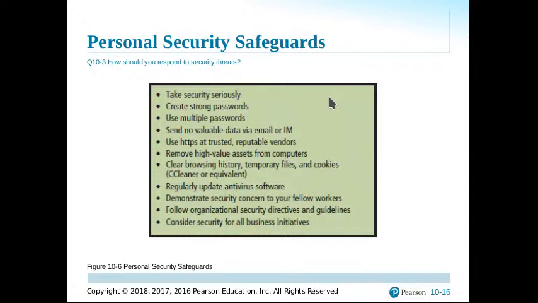Okay, so how to secure, how to use this computer system securely, can be taken care of on both sides, the employee and the company, the employee as well as the user. So as a user, when you use the computer, you should take seriously some things out here.